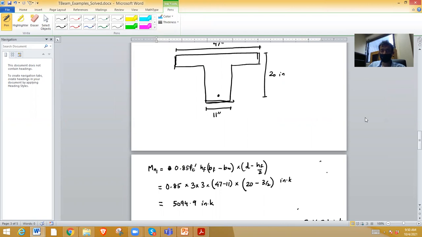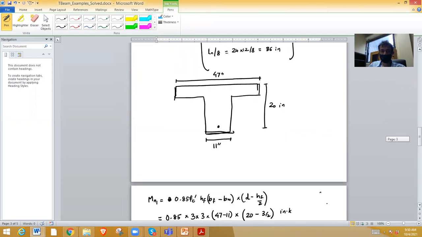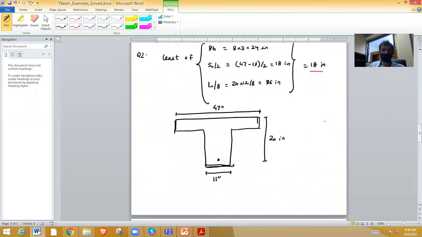Before we go there, I think I have not written down: check whether we can design as a rectangular beam.